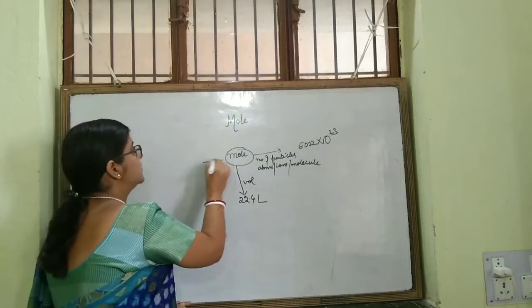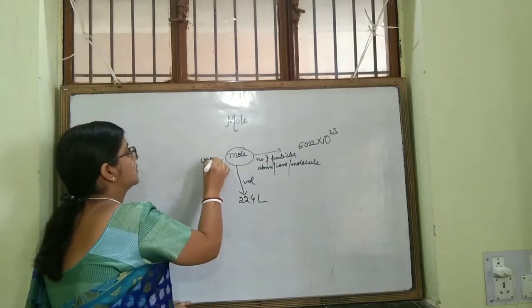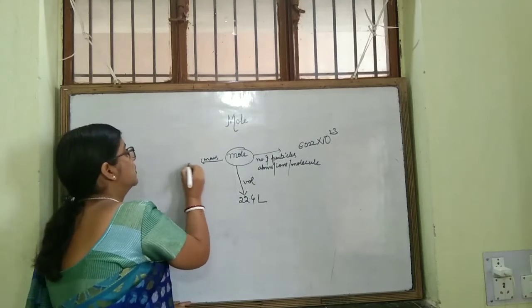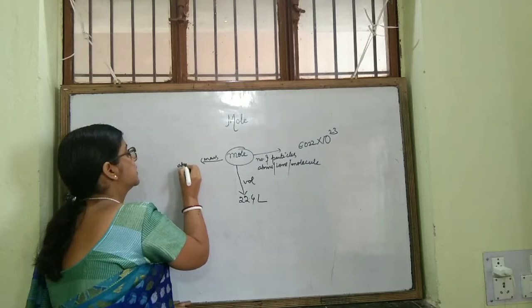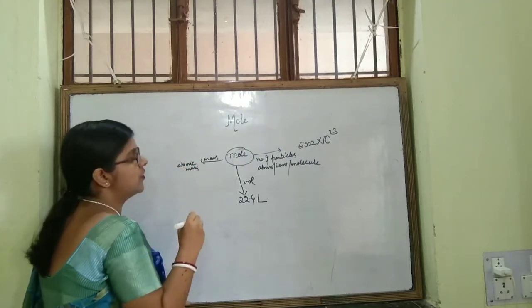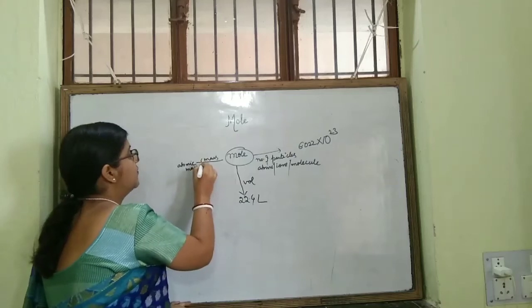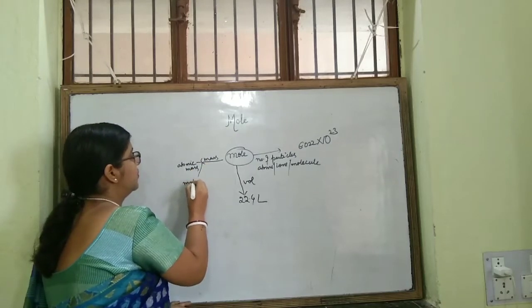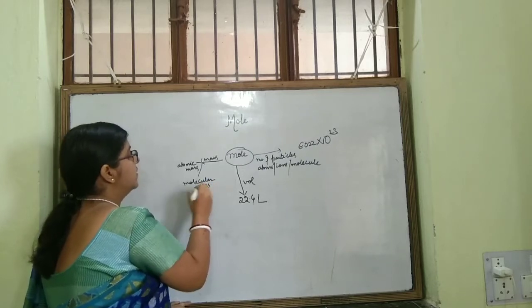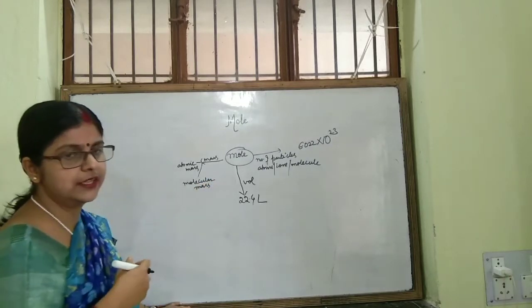Now, in terms of mass, 1 mole is equal to atomic mass if we speak about atoms, molecular mass if we speak about molecules, or ionic mass if we speak about ions.